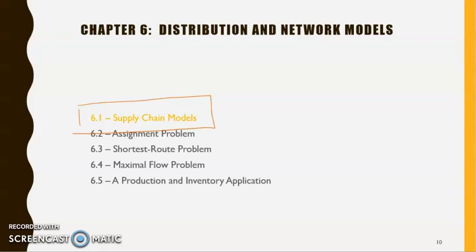The next one that we are gonna do in this session is the assignment problem. Assignment problem is another type of network model, but I told you the network models are just similar to each other, no matter whether they are supply chain models, assignment problem, or shortest route problem.